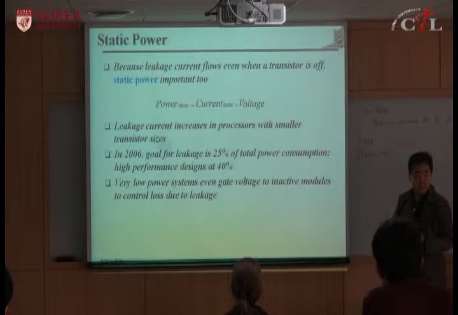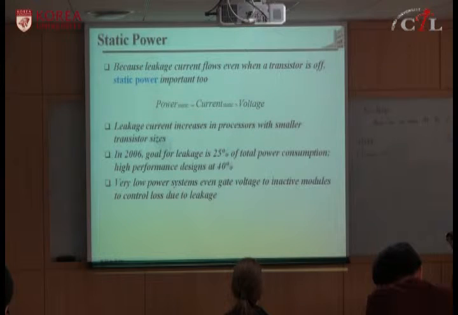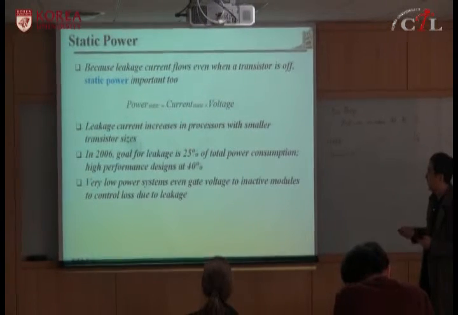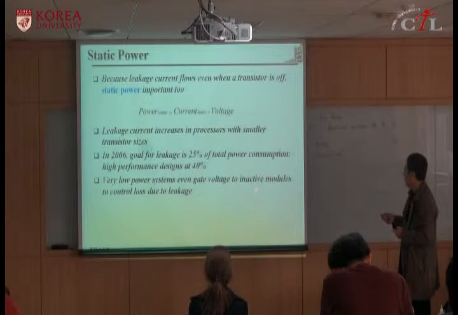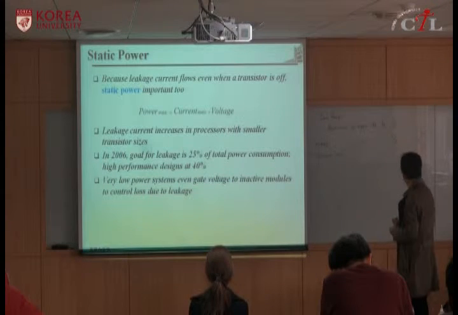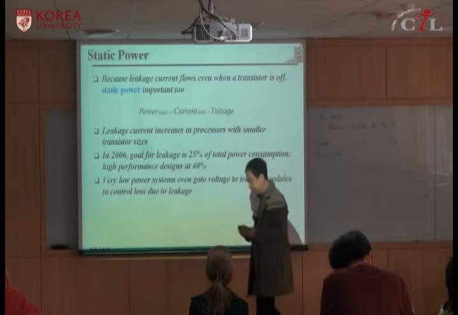There are many techniques to reduce static power in computer architecture papers and also circuit and logic papers. Sometimes they gate voltage to inactive modules to control loss due to leakage. There are different ways of reducing static power.